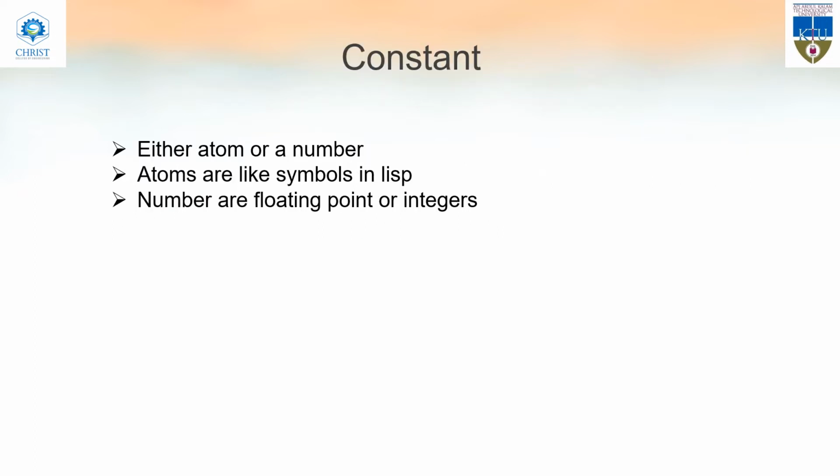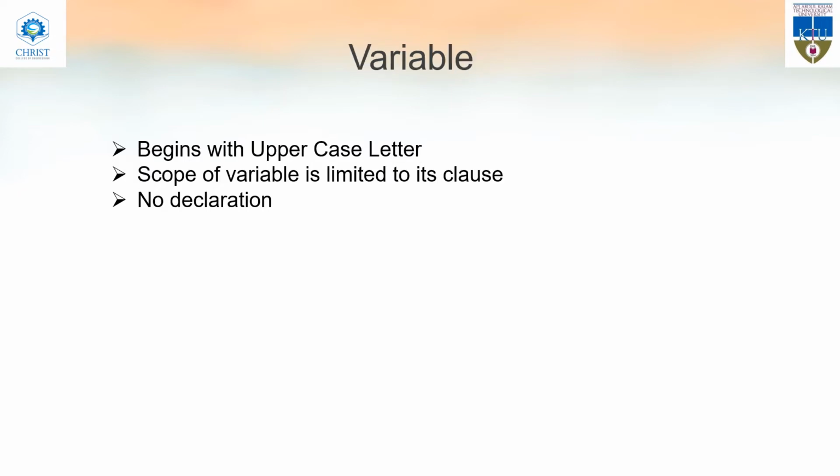The first thing is constant. A constant can be an atom or a number. A number means it can be an integer or a floating point number. An atom is a set of characters which starts with a small letter. Next one is variable.